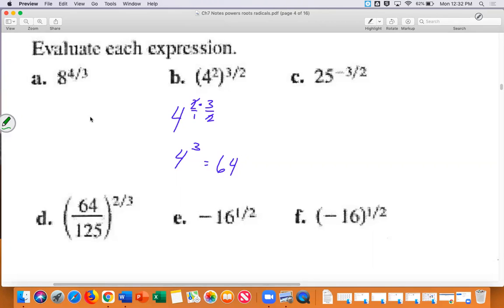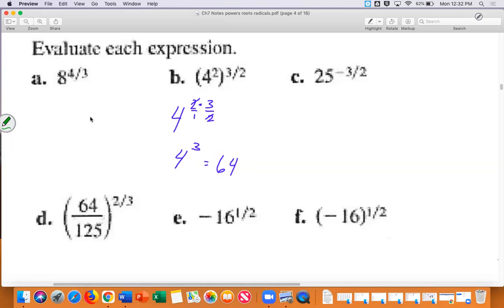All right, let's look at C. 25 to the negative 3/2. Why am I teaching this principle to you? Why does it make sense? Let's think about this. 25, can you think of 25 in a different form? 5 squared, right?